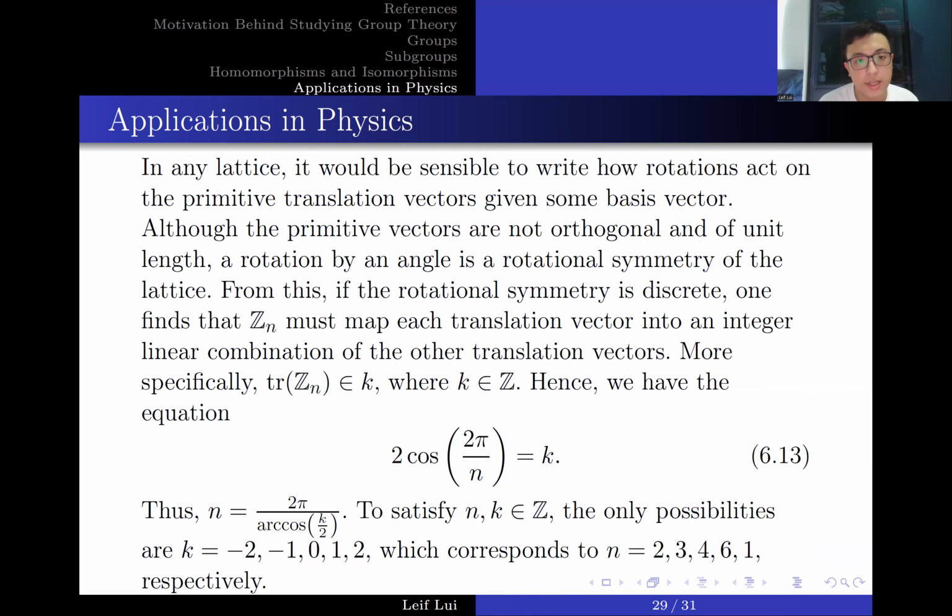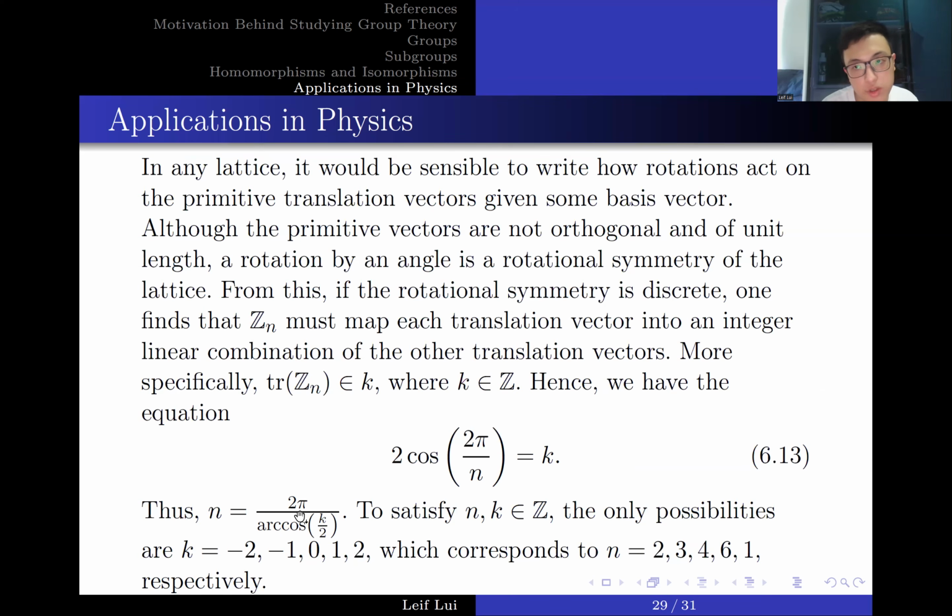If the rotational symmetries are discrete, one finds that Zn must map each translation vector into an integer linear combination of the other translation vectors. More specifically, the trace of Zn must be k, where k is some integer. Hence, we have the equation 2 cos(2 pi over n) equals k.